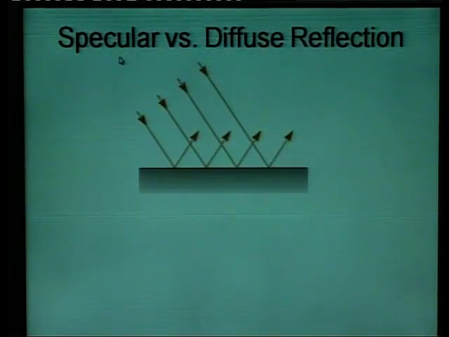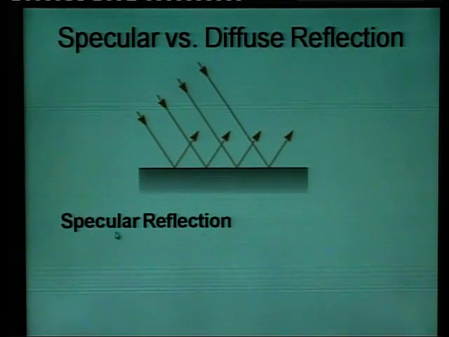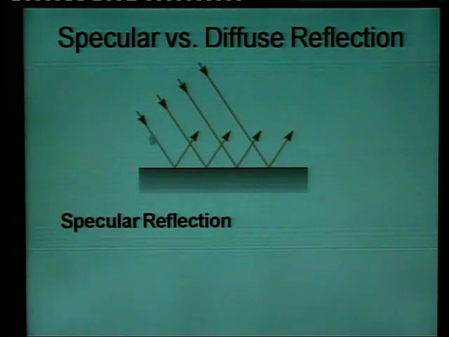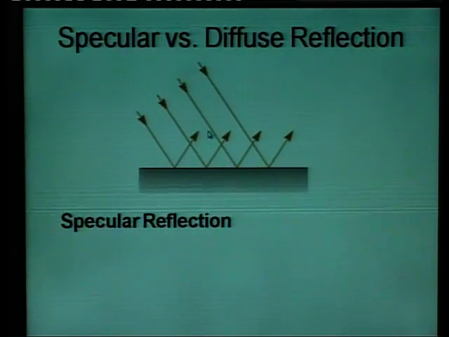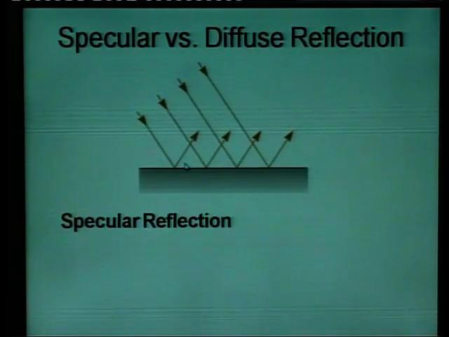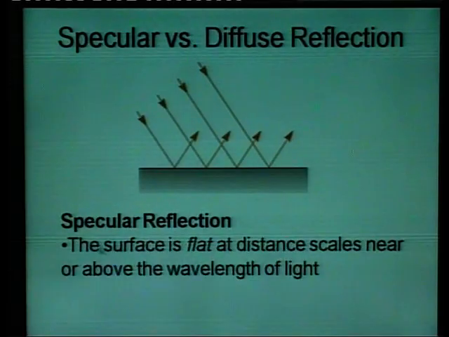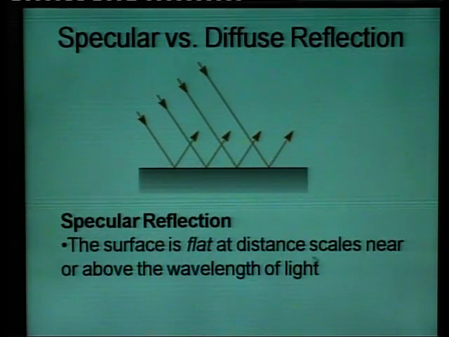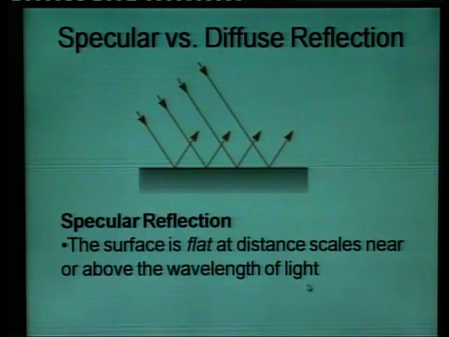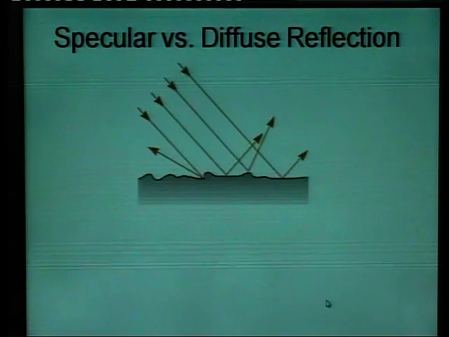So now, specular versus diffuse reflection. This image shows specular reflection. For one incident ray, only one reflected ray is there, and the angle of incidence is equal to the angle of reflection. The surface is smooth and polished. The surface is flat at distance scales near or above the wavelength of light. It looks shiny like a mirror.